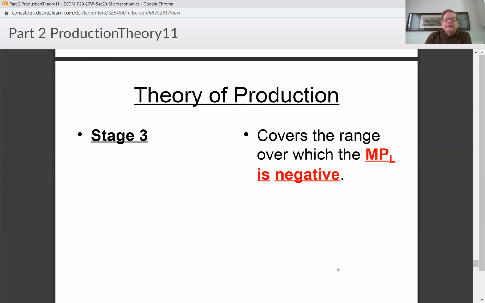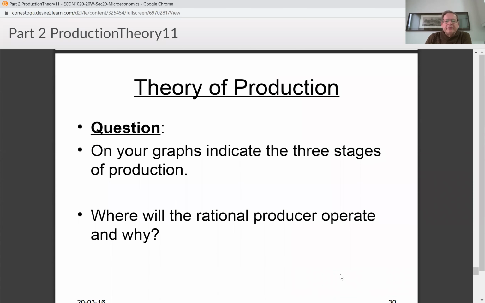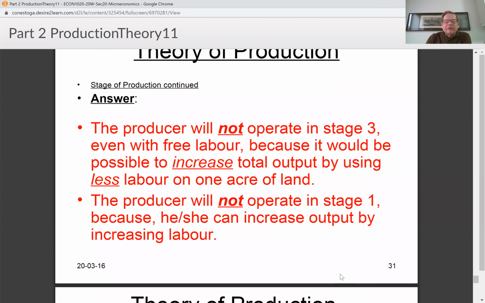So now we go on. On the graphs, indicate the three different stages of production and where the rational producer will operate and why. Well, here are the answers to those questions.